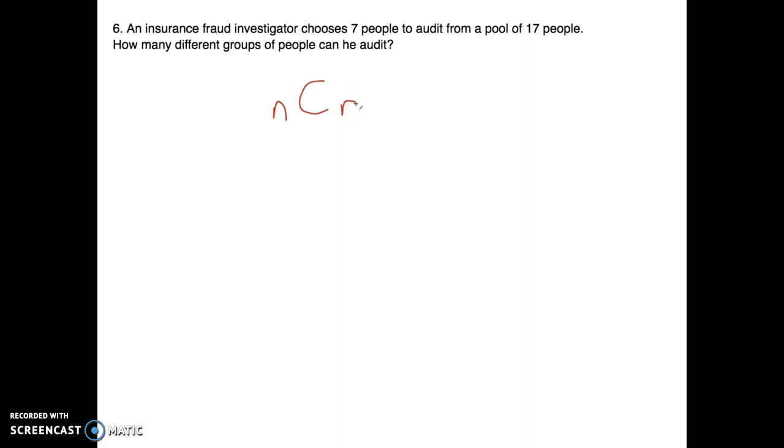I'm going to talk about how to use it in your calculator if you have an nCr button. So if you have an nCr button, we're going to do 17, and then we're going to find the nCr, and then type in 7 and hit enter. To find this button, it'll depend on the calculator you have, but a lot of the scientific calculators have one.